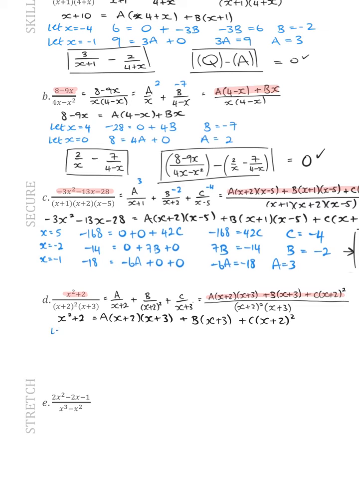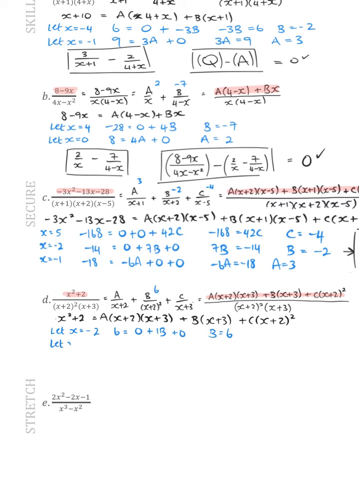So let's start with x equals minus 2. So minus 2 store x, and subbing it in, x squared plus 2. So subbing in here, 6 equals 0 plus x plus 3 plus 0. So b equals 6.